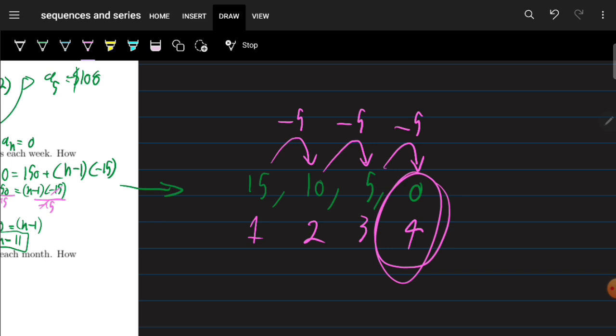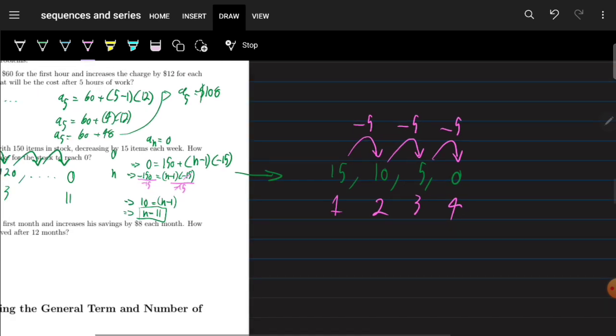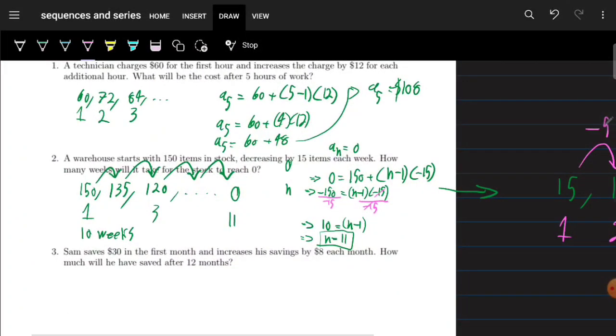So even though the fourth term is 0, it only takes 3 subtractions to get to 0. This is something you guys should remember if you encounter word problems like this. So the correct answer is 10 weeks.